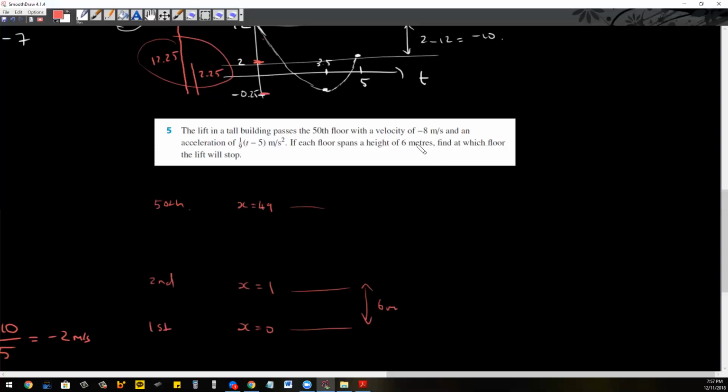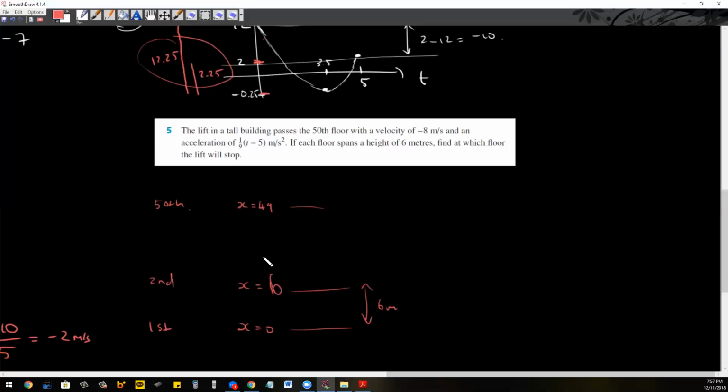It's actually 6 meters each. Hold on. So there's a lot of confusion here. Maybe let this equal 6 here. Times everything by 6, okay?